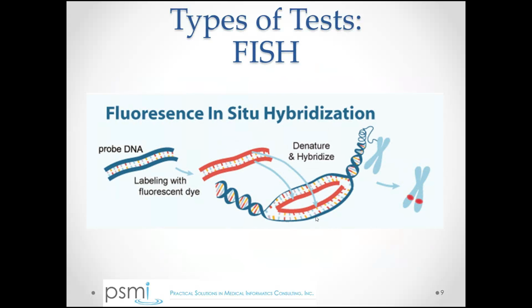Now you're looking at the chromosome under the microscope, looking for areas where the chromosome fluoresces. And these fluorescent probes don't need to be anywhere near as large as a band in a karyotype. As a result, the resolution of FISH is far above the resolution that you can obtain with a karyotype.